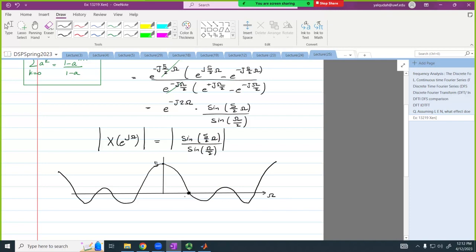This is where it will have a 0: this is 2 pi divided by 5, this is 4 pi divided by 5, this is pi, this is 6 pi divided by 5, and this one is 8 pi divided by 5. And if I continue, this is going to equal 2 pi.